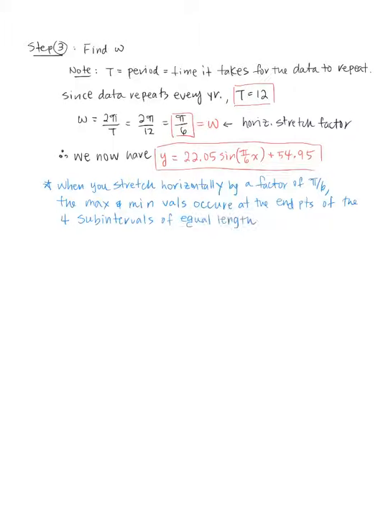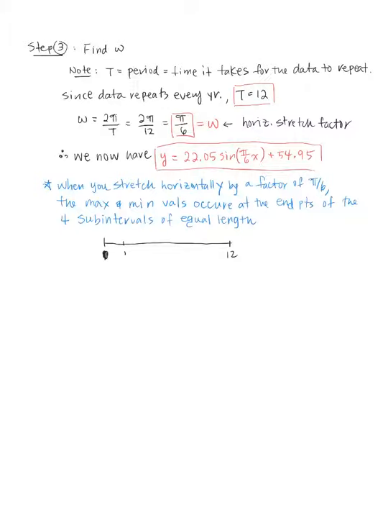So since we're dealing with 1 through 12, right? So our interval is going to start from 0 and then 1, 2, and so forth. Or maybe 1 to 12. So if I divide this, well, let's start from 0. If I divide this by 4, each length is going to be 3.